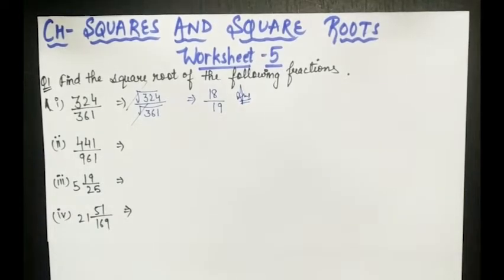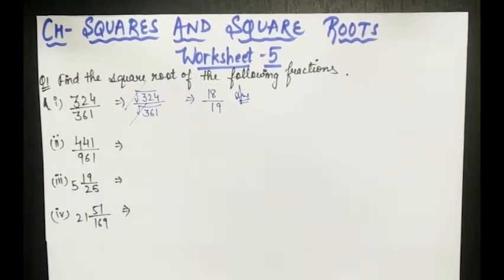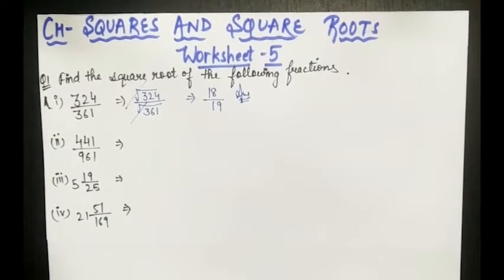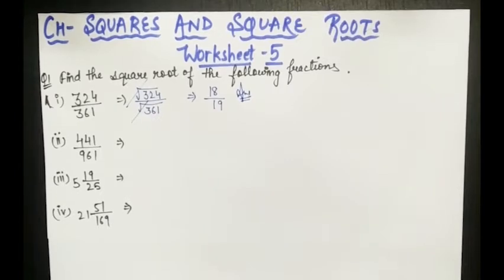Now you will be asking me that 441 is not a square of a number between 1 to 20, nor is 961. So how will we do this? This question came in your mind.